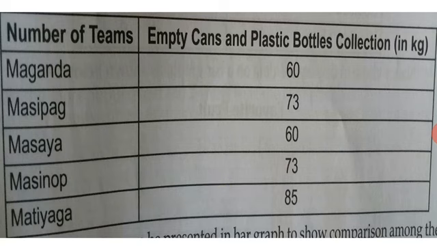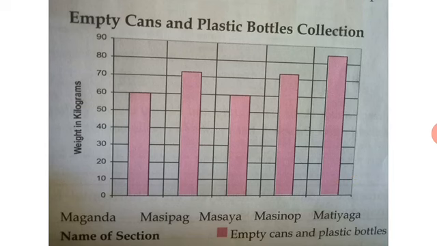So this data that is represented in a table can also be represented in a bar graph. Since the range of the frequencies is bigger, 60, 73, 60, 73, 85, in the bar graph you can use by 1s, by 2s, by 3s, by 5s, by 10s, by 50s.